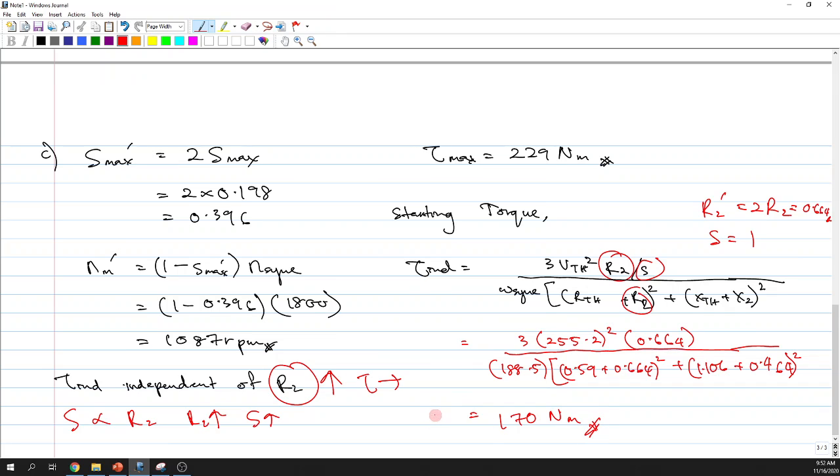So I really hope that all students understand and can do it on their own. So this is the torque at start.